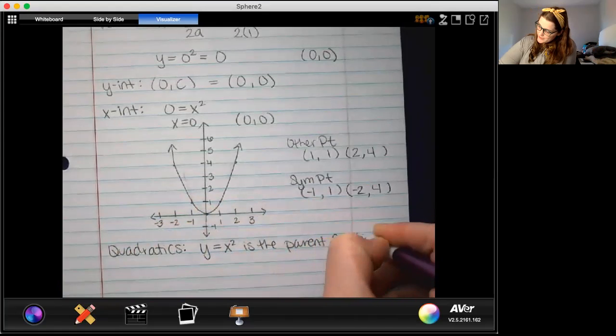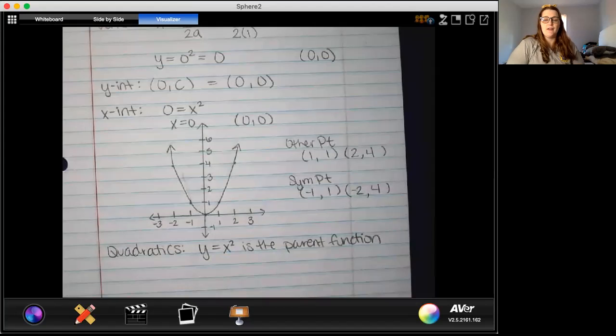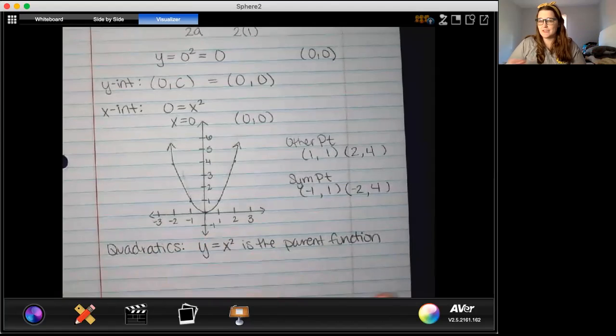Essentially any equation that includes x squared, whether it's plus 2x or minus 10, all of those are like children of this equation. So this is the original, it's the parent, it's the head of the family. Everything else from that is transformations from it.